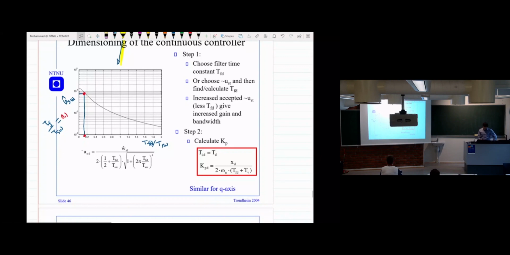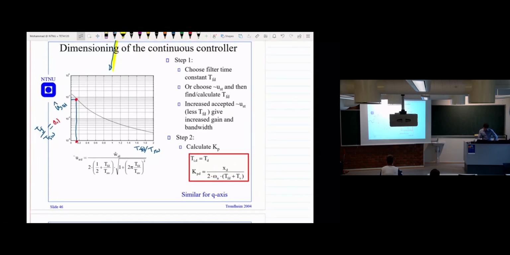So from this, you know TFD, which is 0.1 multiplied with TSW. And TSW, which is the carrier period, 1 over FSW. So now let's say you have the delay.